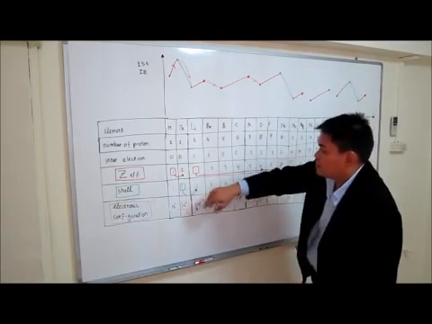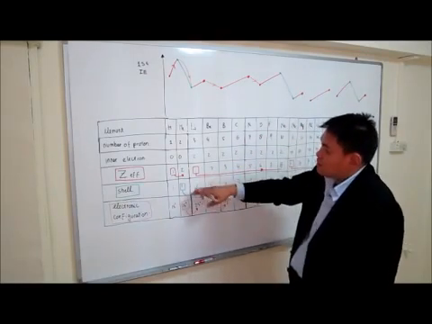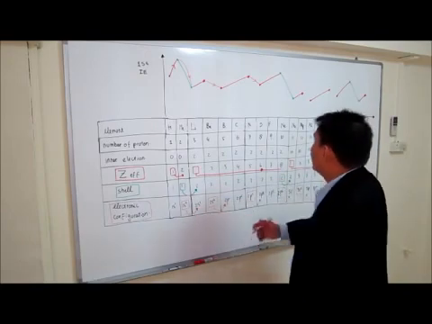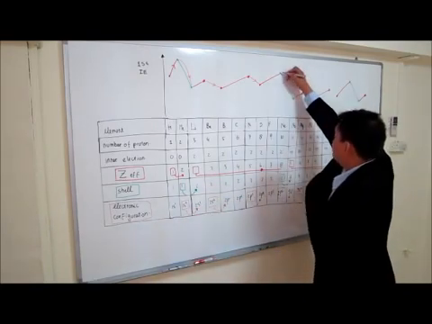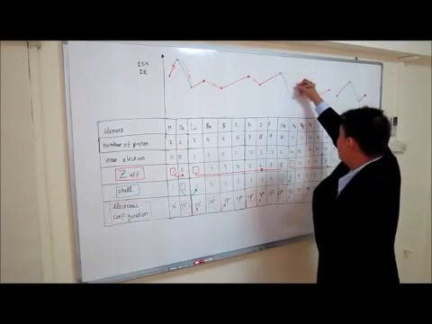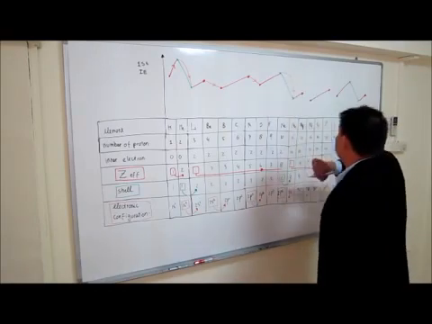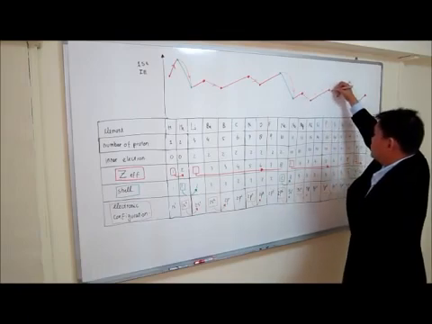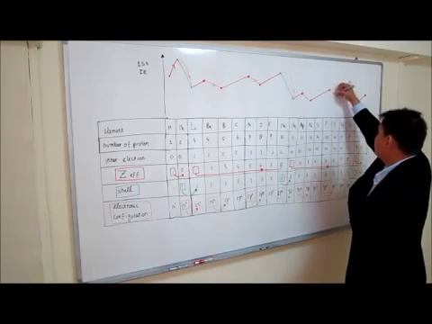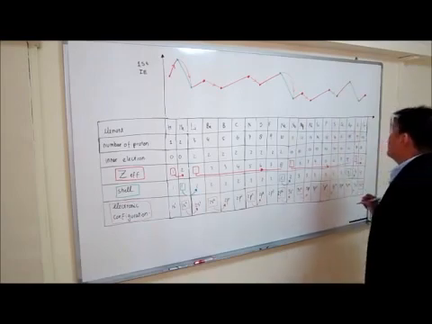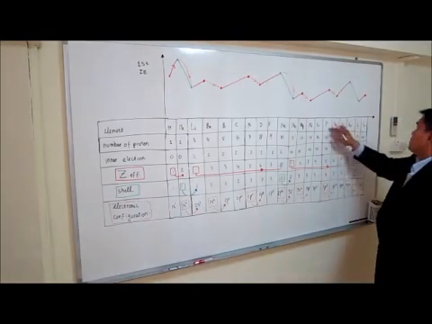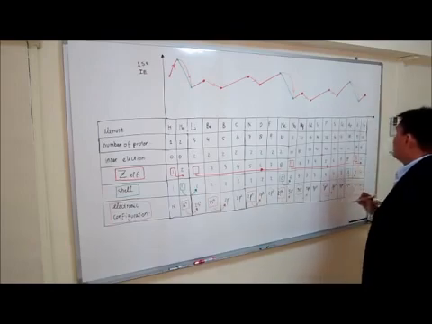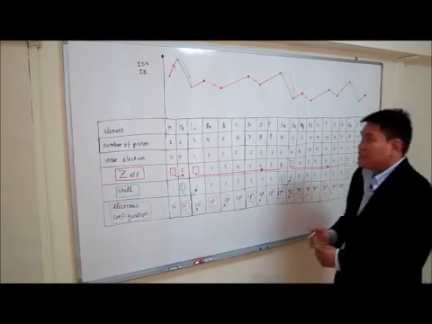It decreased because of the number of shells, and also it decreased because of the less stable electronic configuration. So the same thing applies here from sodium to neon. So this one also from magnesium to aluminium, from phosphorus to sulfur, and also here from argon to potassium.